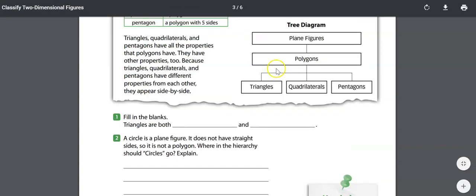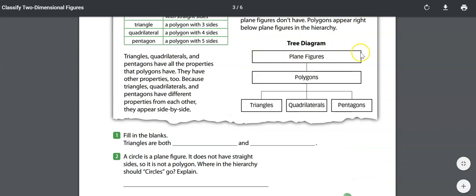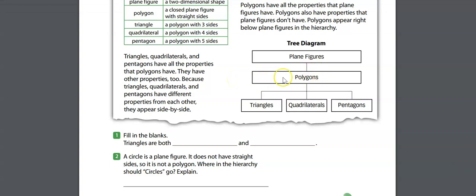So I know that a circle is a plane figure. So I can put a circle underneath this category. But it's not a polygon. So that means I cannot put a circle underneath polygon with triangles, quadrilaterals, and pentagons. So that means I would put circle next to polygons because I know that it is a plane figure, but it would not go under the polygon category.